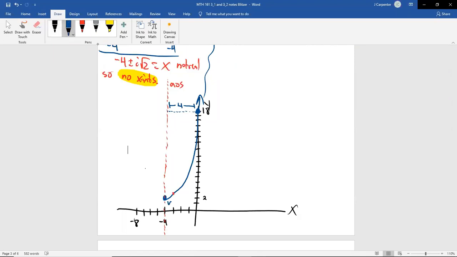So if I go left 4, 1, 2, 3, 4, boom, there's another point. There's your third point. Literally no algebra or arithmetic to do. All I did was, since that was a 4, this has to be 4 away from the mirror as well. It's a fairly simple argument to make.